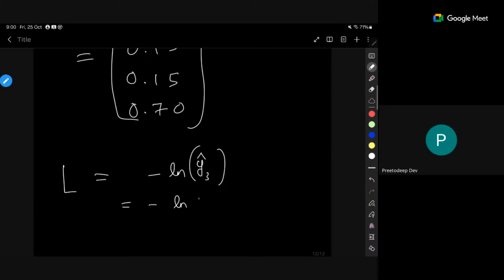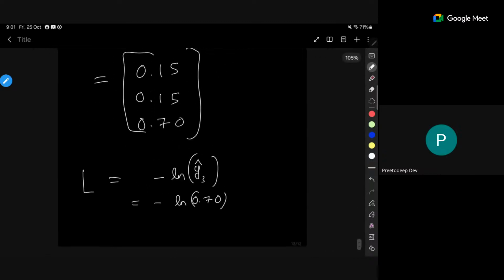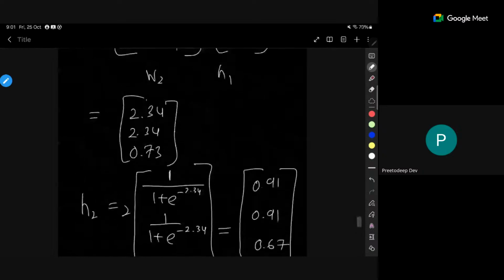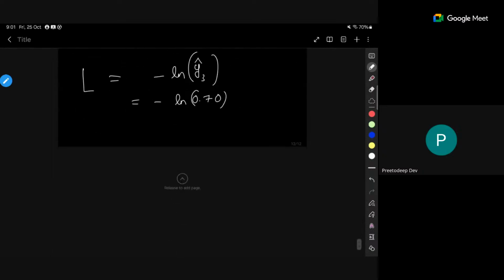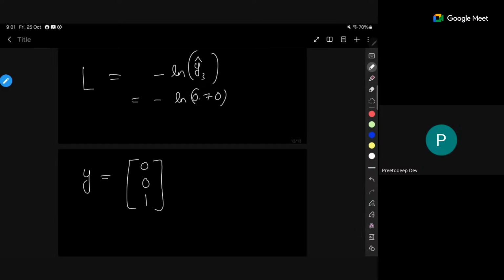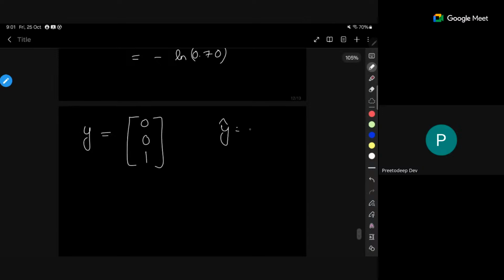So can you explain this part, where this y3 value comes from? Okay, let's see. This y was given to me as 0, 0, 1. As I explained already, the others will get reduced, so we'll just have y3 in that.